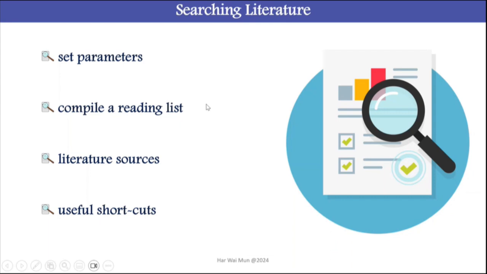So what I do is I read the title first. That's one of the shortcuts. If I think the title matches or looks okay, then in my laptop I open a folder. If I search from Scopus, I name it Scopus search 01.